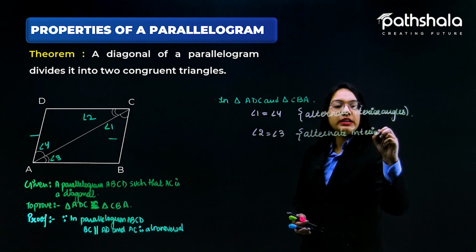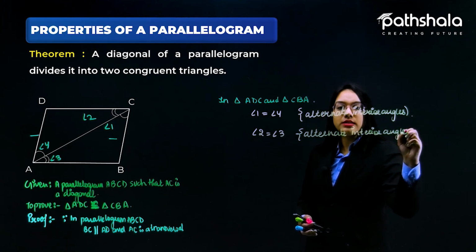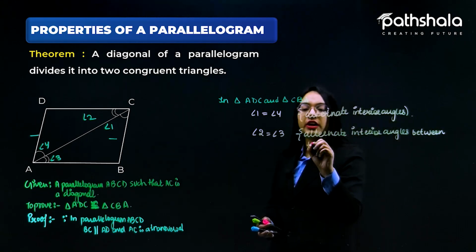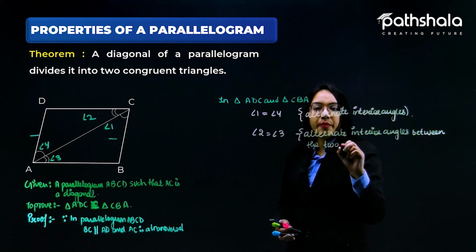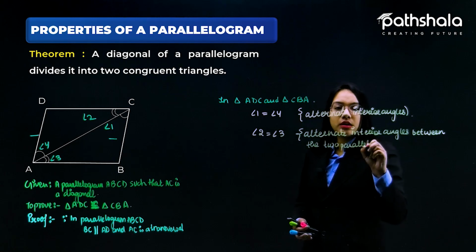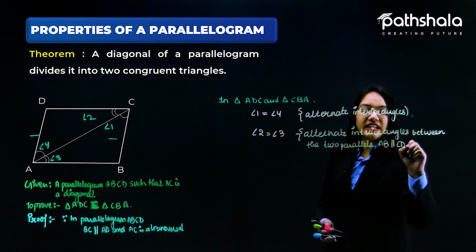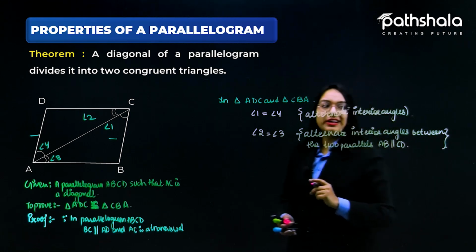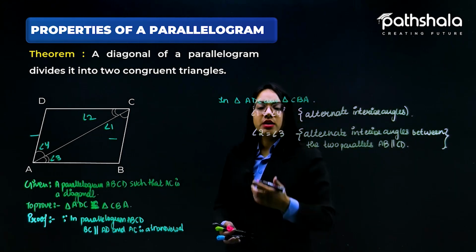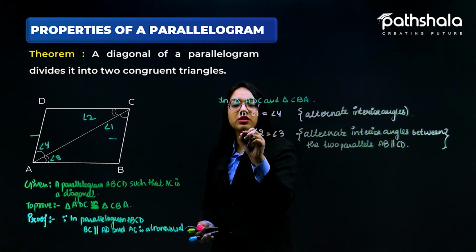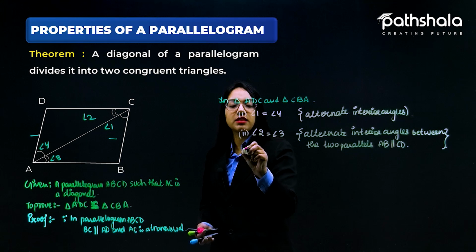They are alternate interior angles between the two parallels AB and CD. So angle 2 is equal to angle 3. Furthermore, let us say this is the first condition, this one is the second, and this one is the third.